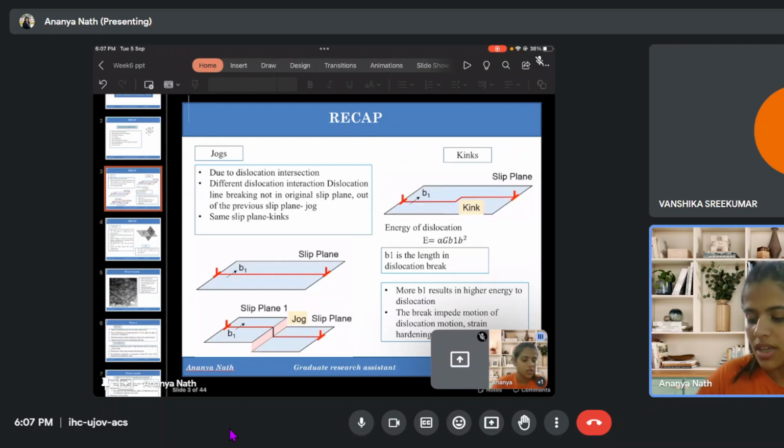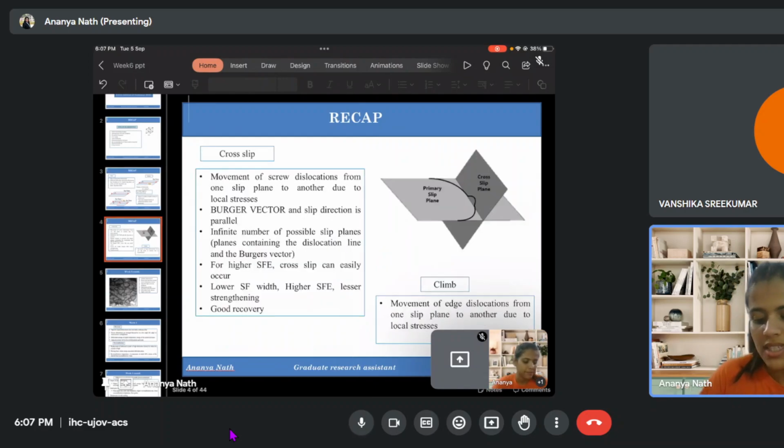Then there was cross slip and climb. Cross slip and climb was needed for the recovery part, but in this week's session we'll see that cross slip is something we don't want for the recrystallization part.